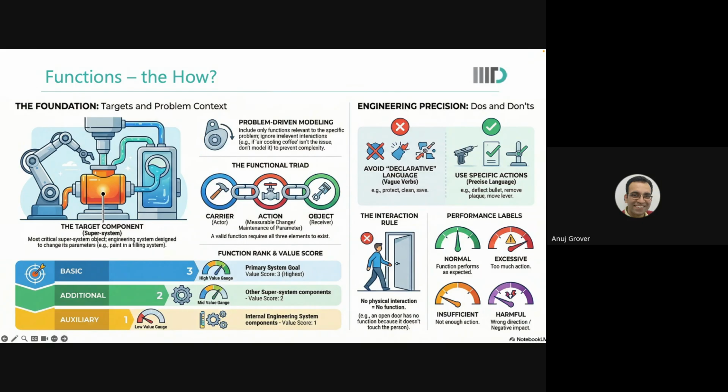We have to be as specific as possible. If we are unable to find a verb, if it is not clear which verb to use, we go to the language of carrier changes or maintains y parameter of object. Changes it from P to Q, whatever.